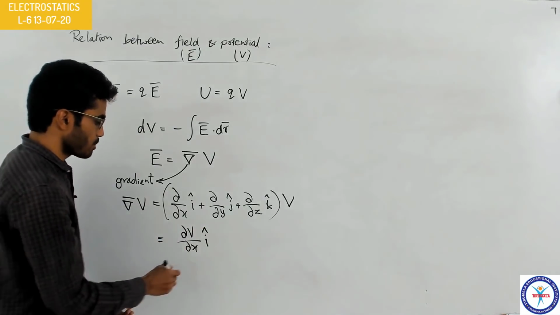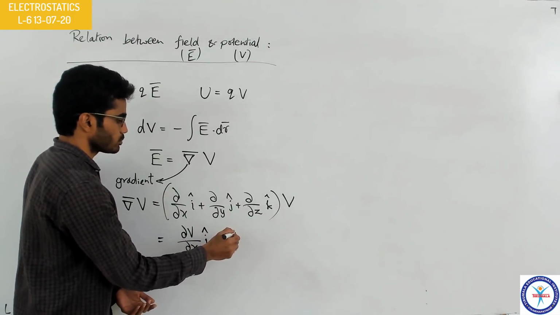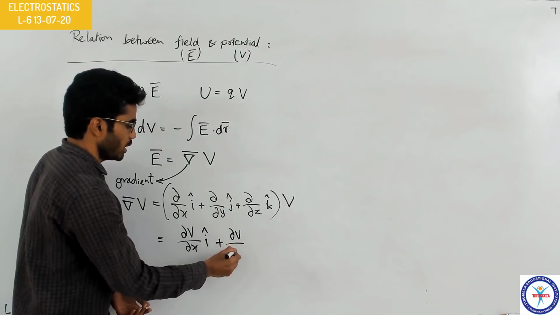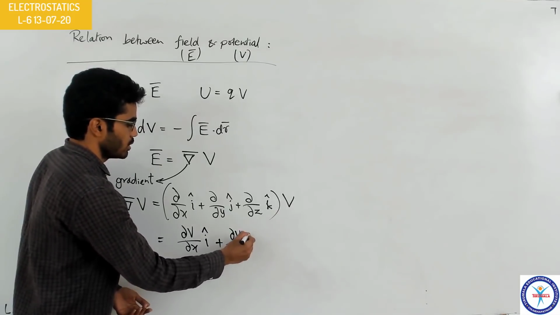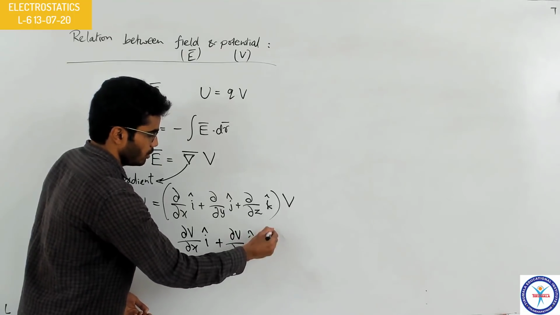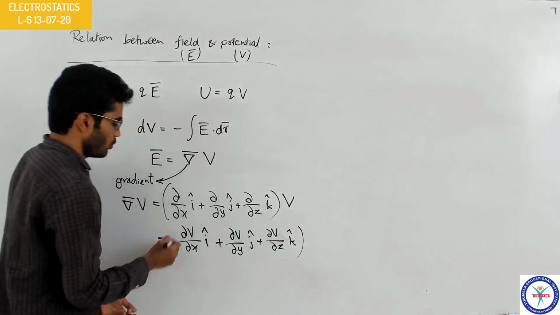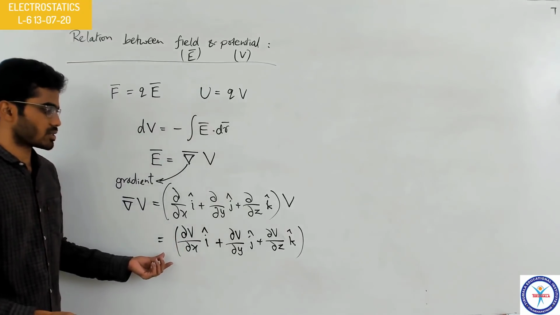So this plus dou v by dou y j cap plus dou v by dou z k cap. So after performing this operation, you have this.